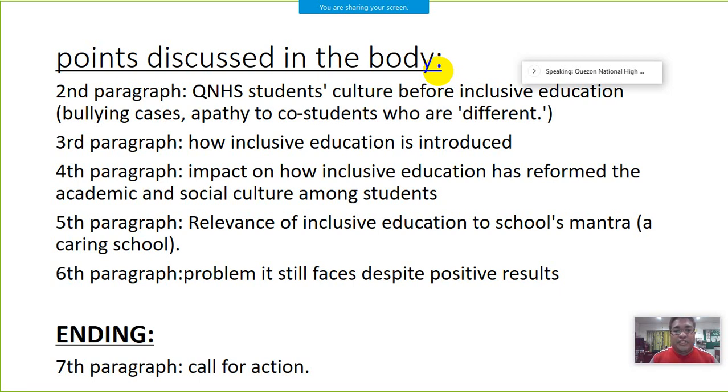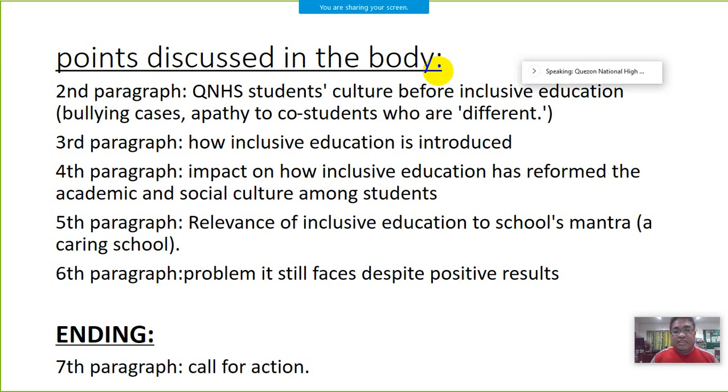Then in the third paragraph, a narrative of the incident of how inclusive education was introduced. Then in the fourth paragraph, a discussion on the impact of how inclusive education has reformed the academic and social culture among students. From being apathetic to students who are different, they are now getting along with them.